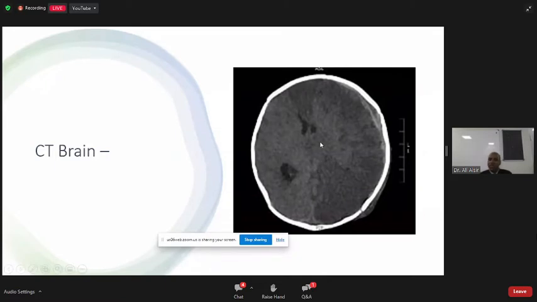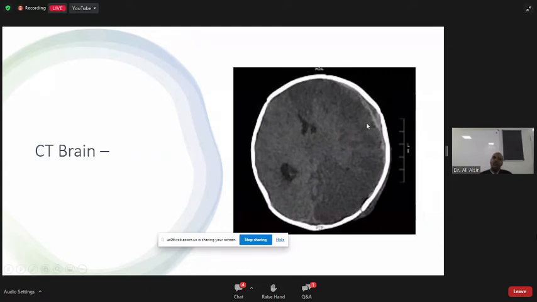As you can see, there is hypodensity along the cortex of the left hemisphere, with obliteration and effacement of the ventricular system on the left side. Also there is no gray-white matter differentiation. This patient definitely has massive cerebral edema, and anyone can easily detect that this CT is abnormal.